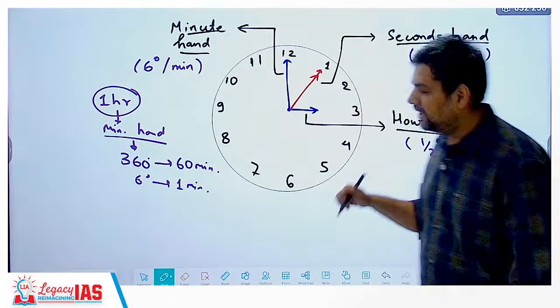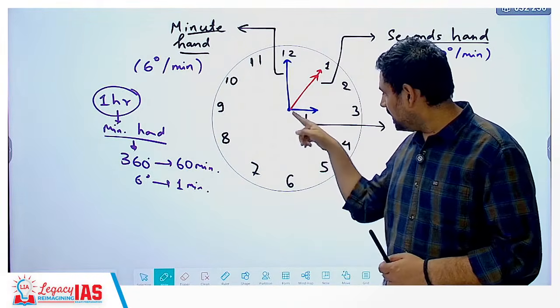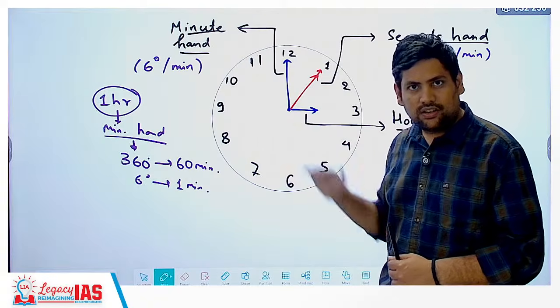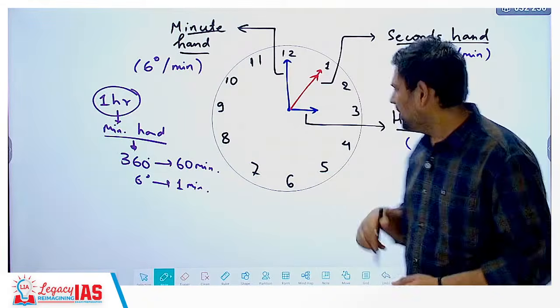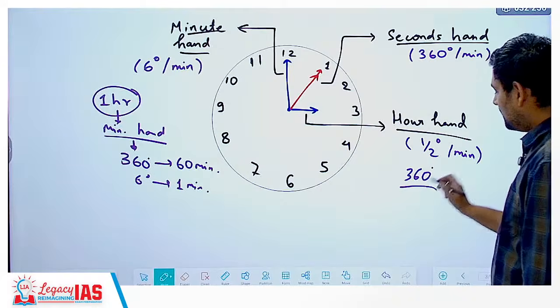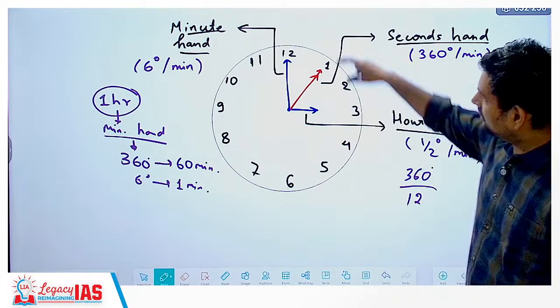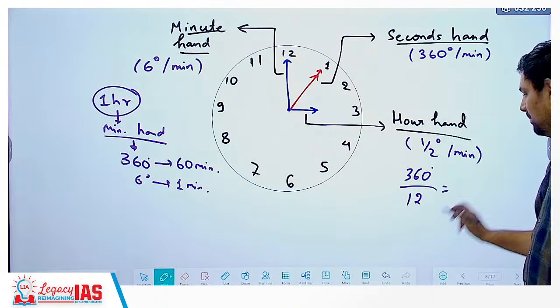Similarly, let's calculate for the hour hand. Right now it is at exactly 3. After an hour it will go to 4, correct? Now how much is this angle from 3 to 4? Very simple. The complete angle is 360, divided into 12 parts. Now 360 by 12, what do you get?